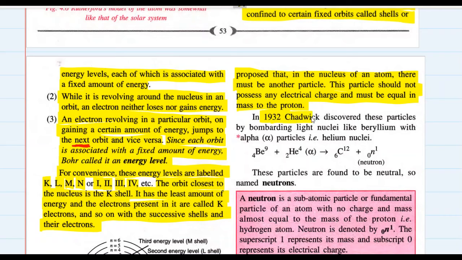So in 1932, Chadwick discovered these particles by bombarding light nuclei like beryllium with alpha particles, that is helium nuclei. When beryllium was bombarded with helium alpha particles, it got converted into carbon. So atoms can get converted into other particles with this kind of bombarding and fusion. So some kind of fusion was created.